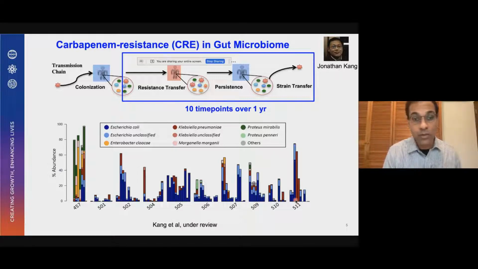And this is quite unusual because E. coli is not one of the more abundant species typically in the gut microbiome, all the way back to a Klebsiella pneumoniae dominated gut microbiome. So this sort of dynamics is really intriguing, and we hope that understanding these dynamics can help us actually boot out these multi-drug resistant bacteria from the gut microbiome.